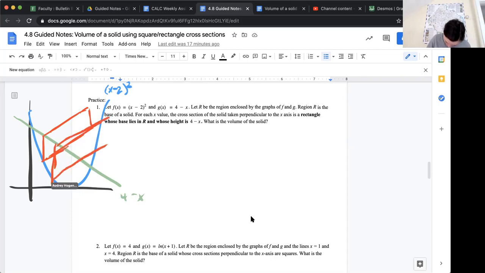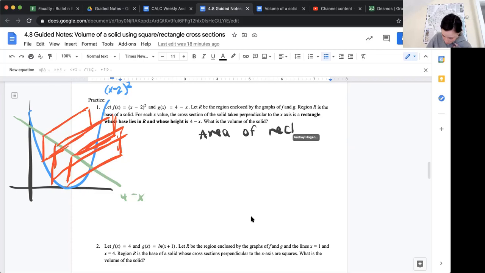This one would be bigger, and then this one would be like that. I'm going to sketch a few rectangles so I can get an idea of what that looks like. And now I need to know the area of a rectangle. The area of a rectangle is base times height.